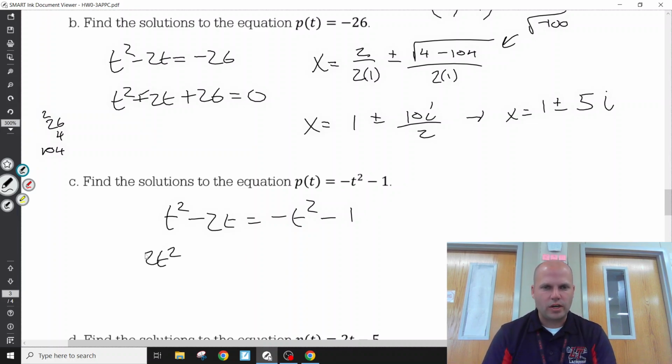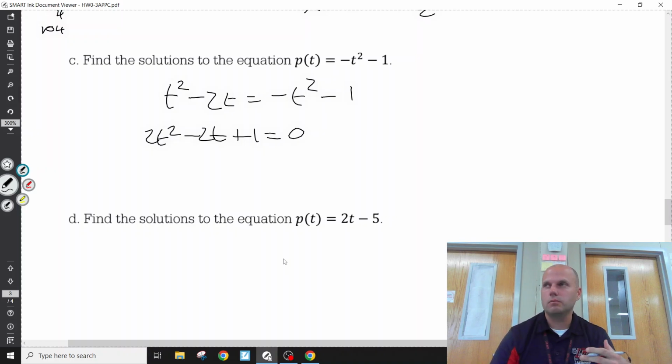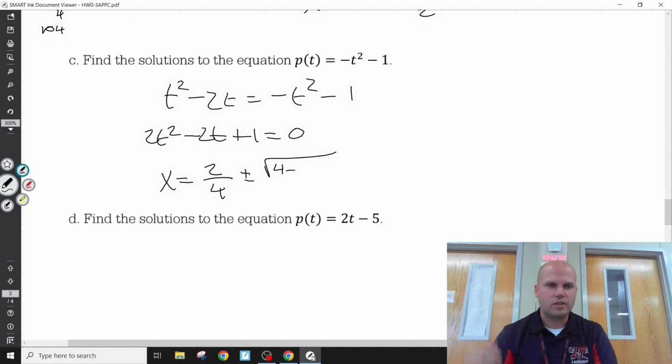But I add t squared, I get 2t squared. I add 1, I get positive 1. Two numbers that multiply to get 2 and add to get negative 2, I can't do. So I have to use the quadratic formula. x equals the opposite of b over 2 times a, plus or minus the square root of b squared minus 4 times 2 times 1, which is 8.